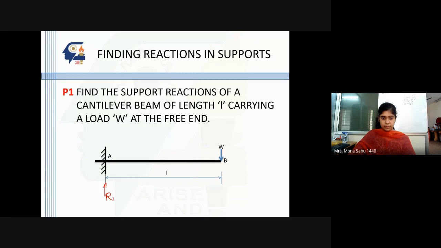Let's take it as RAY. And because it's a fixed support, there will also be a horizontal force, X. And because this will bend, there's going to be a moment in the opposite direction.